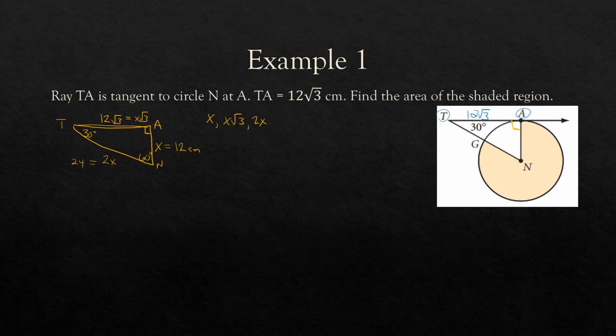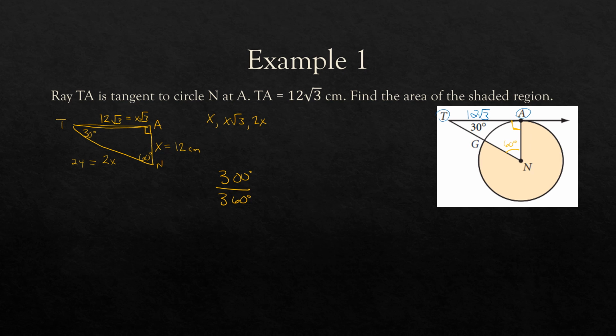But I need the area of the shaded region, so I need the area of the circle minus this arc. This arc was 60 degrees, so the rest of the circle that is shaded must be 300 degrees. So the fraction of the circle that is shaded is 300 over 360.